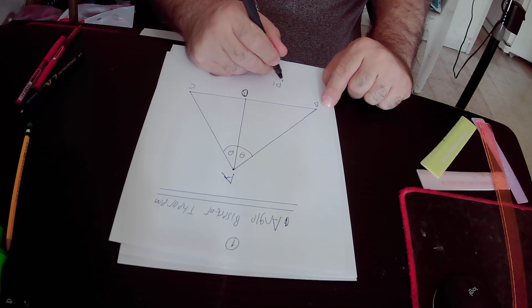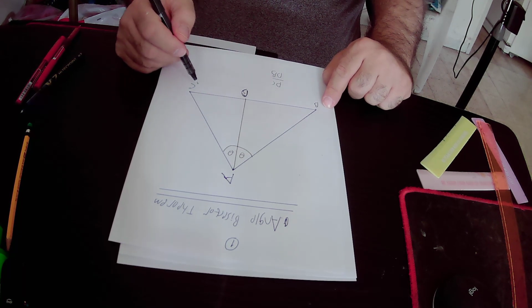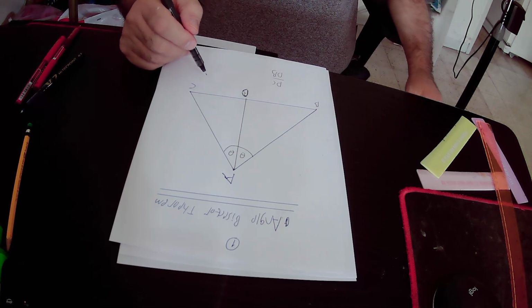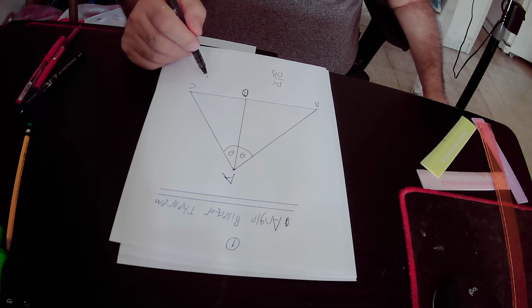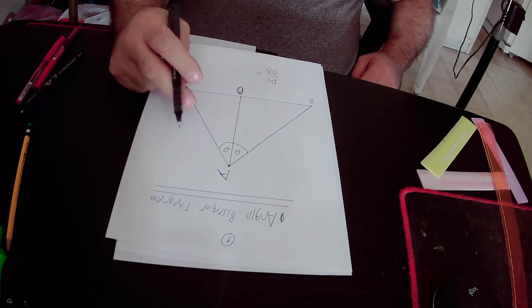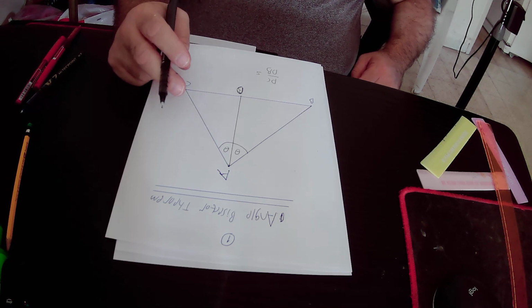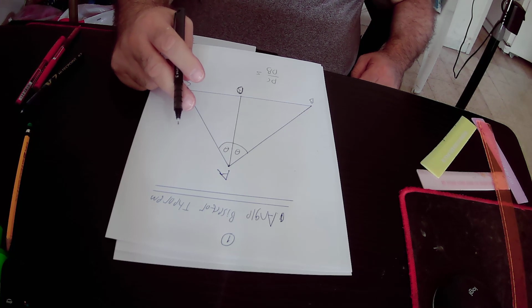DC over DB is the ratio in which angle bisector AD divides side BC, and according to the angle bisector theorem, that ratio equals the ratio of the angle legs, which is AC over AB.